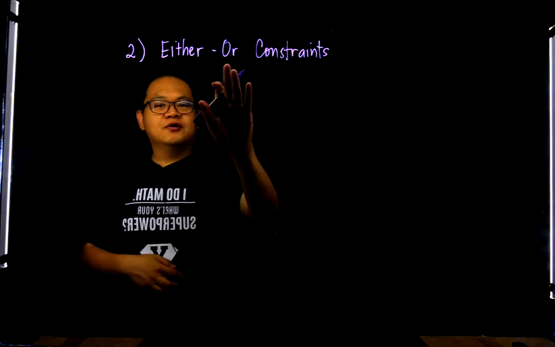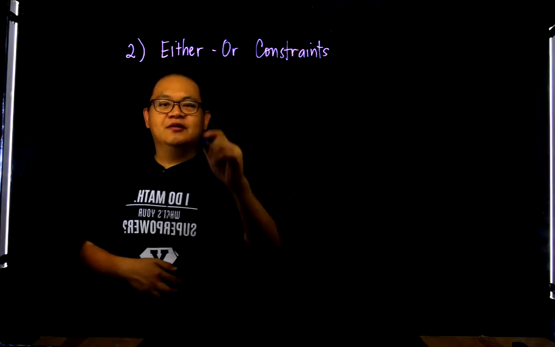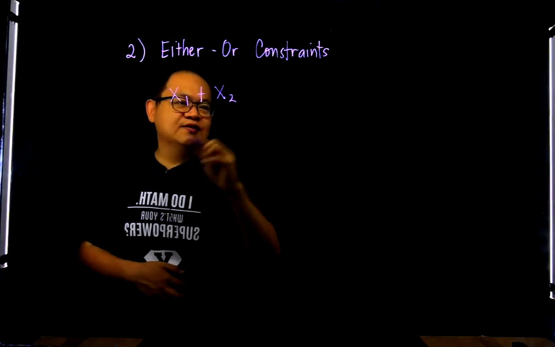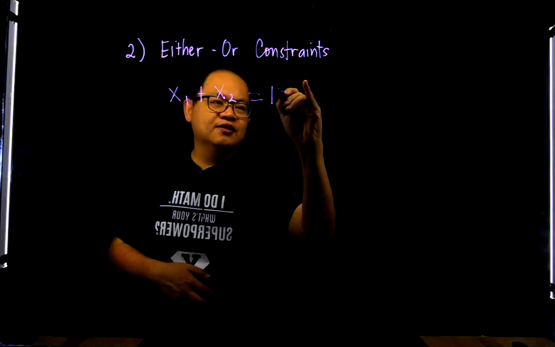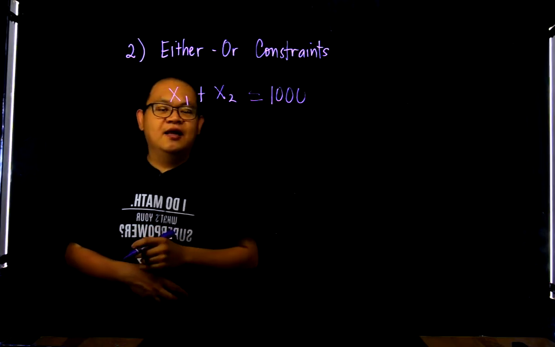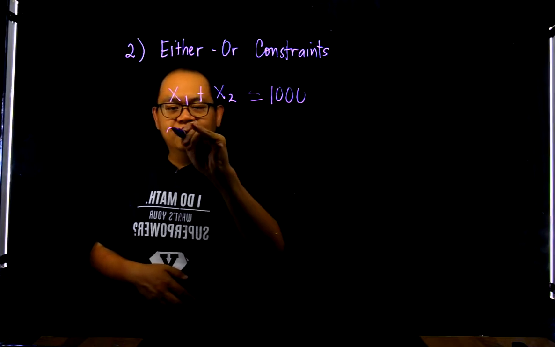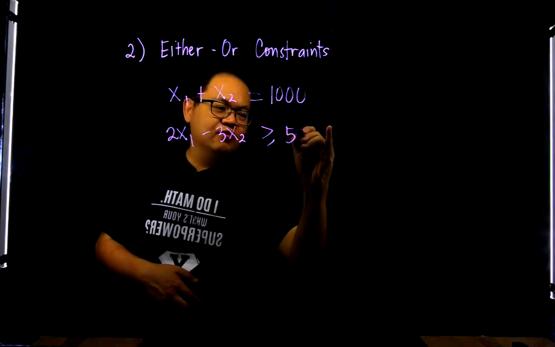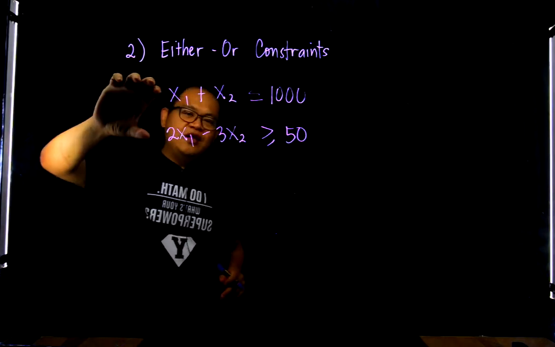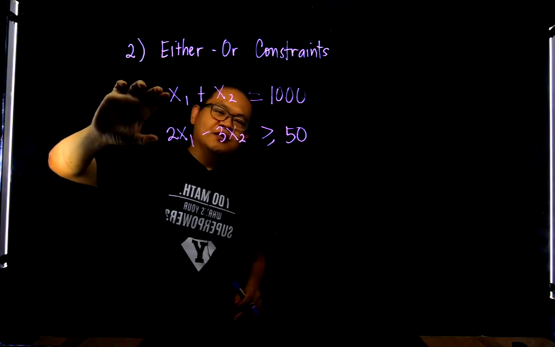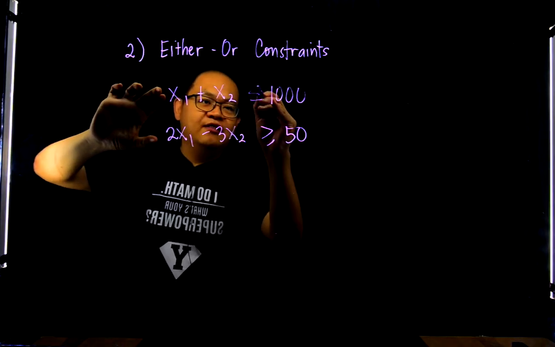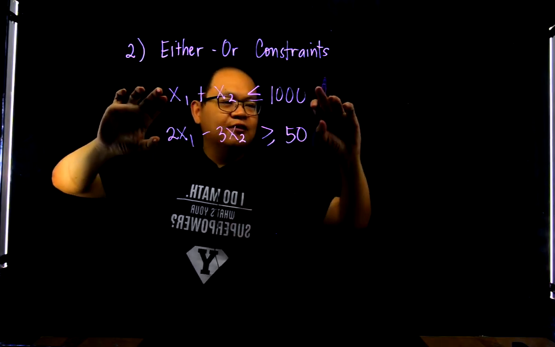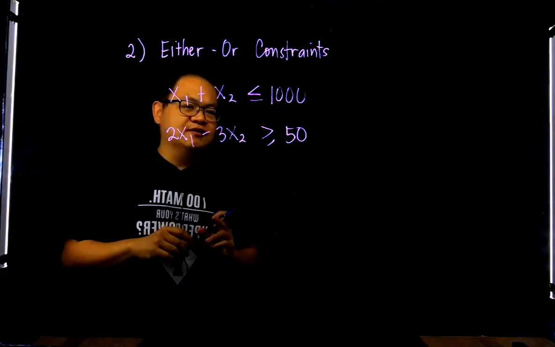Okay, for either-or constraints, let me give you another example. Let's say we have 2 constraints: x1 plus x2 should be less than or equal to, let's say, 1000. And then let's say you have another constraint: 2x1 minus 3x2, and this one, let's say, should be greater than or equal to 50. Now, if we have these 2 constraints in our linear programming model and nothing else, then I think we can fairly assume that we are intersecting the 2 constraints.